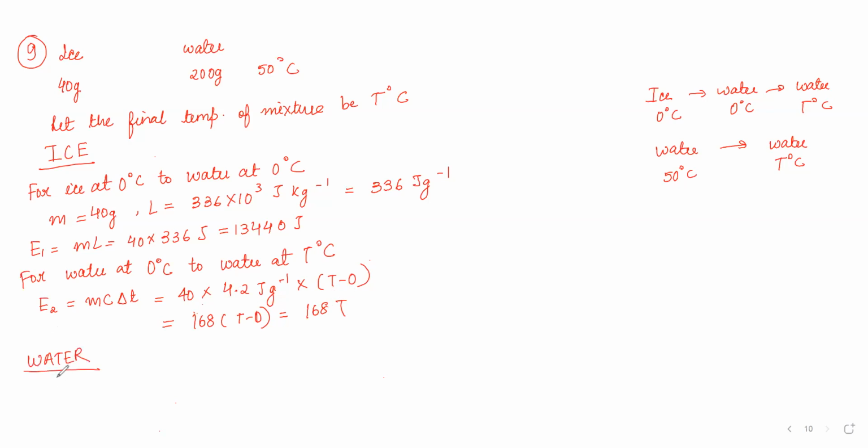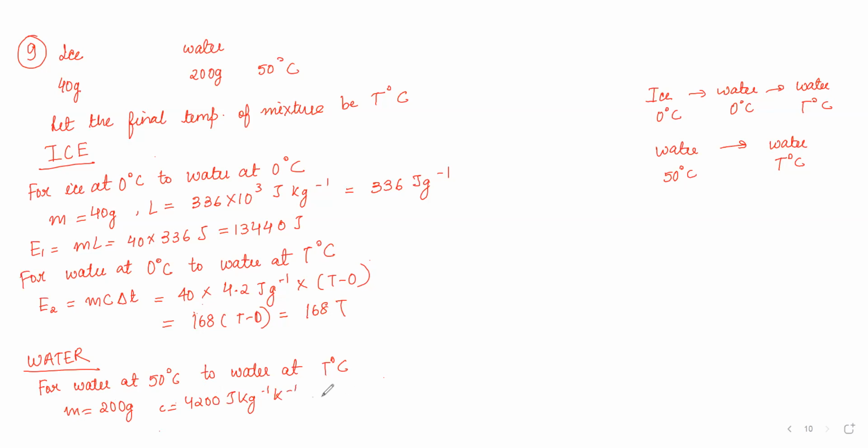Okay, so write down for water at 50 degrees Celsius to water at T degrees Celsius. What is the energy conversion? So mass has been given as 200 grams. C is equal to 4200 joule per kg per Kelvin.